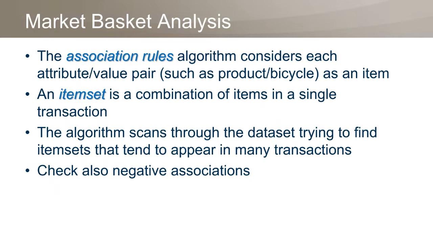Immediately, let me start with also the problems with this algorithm. It's not actually the problem of the algorithm, it's a general problem: how do you find those item sets of interest? The general problem is that you can have an enormous number of these item sets.